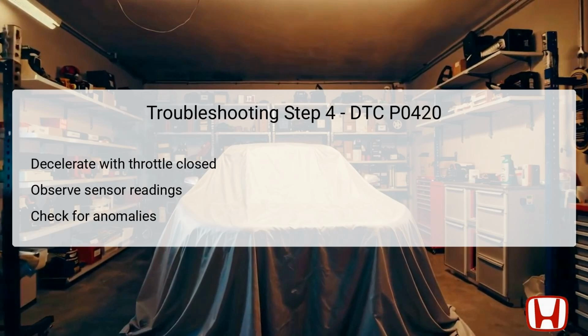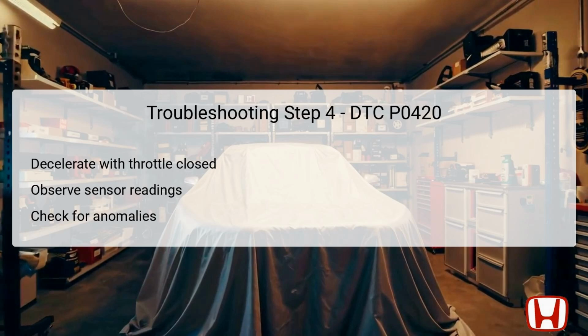This step is imperative as it allows the PCM to analyze how the engine and exhaust system respond under reduced load conditions. During a closed throttle deceleration, the exhaust flow dynamics change, offering a distinct view of how well the oxidizer is functioning within the TWC.